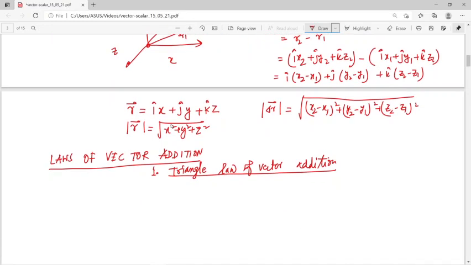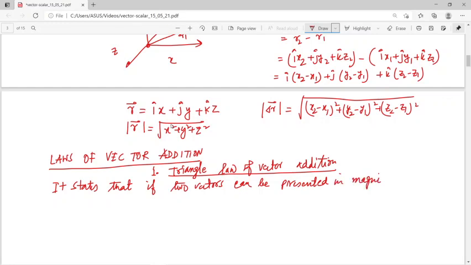If we write it in the form of a law, what we can say is that it states that if two vectors can be represented in magnitude and direction by two sides of a triangle.